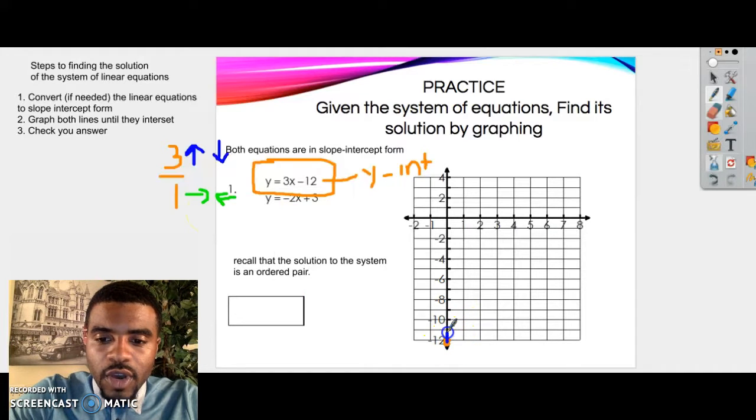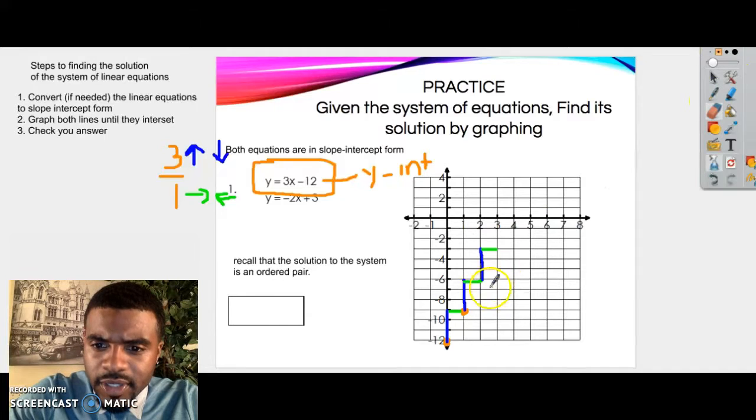So let's go ahead and graph this. Let's count. We're going to go up 1, 2, 3, and then we're going to go to the right 1. I'm going to put a little point right here. Let's do it again: 1, 2, 3, to the right 1.